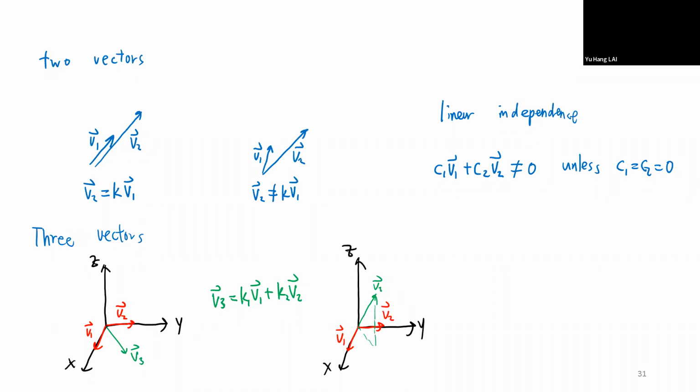So in this case, you can see that this V3 cannot be expressed in terms of this V1 and V2. That means you cannot find any finite values K1 or K2 such that this V3 can be written in this form.